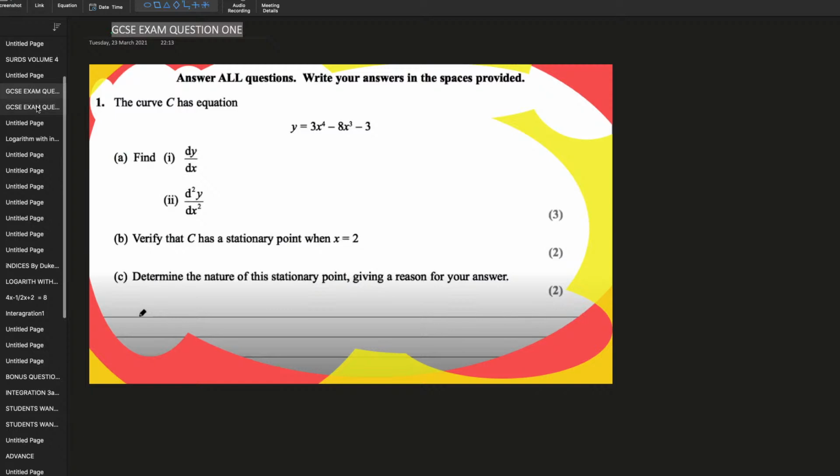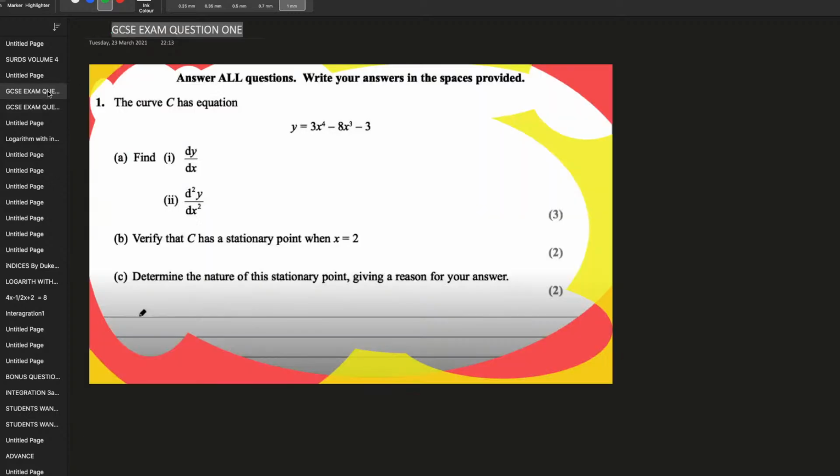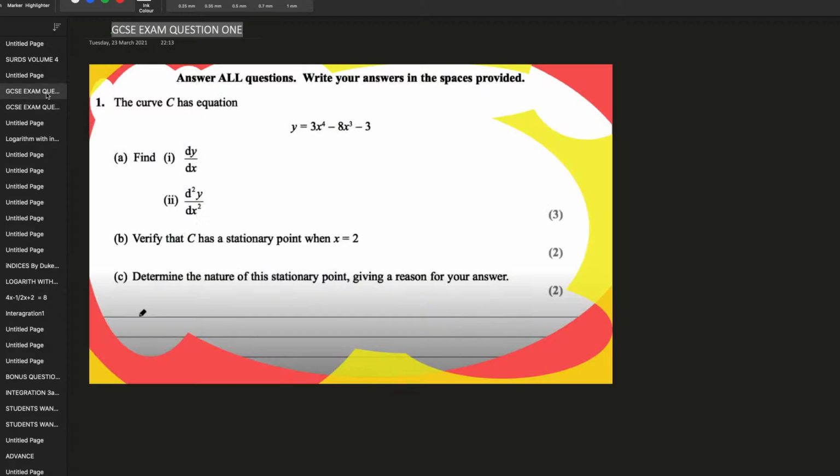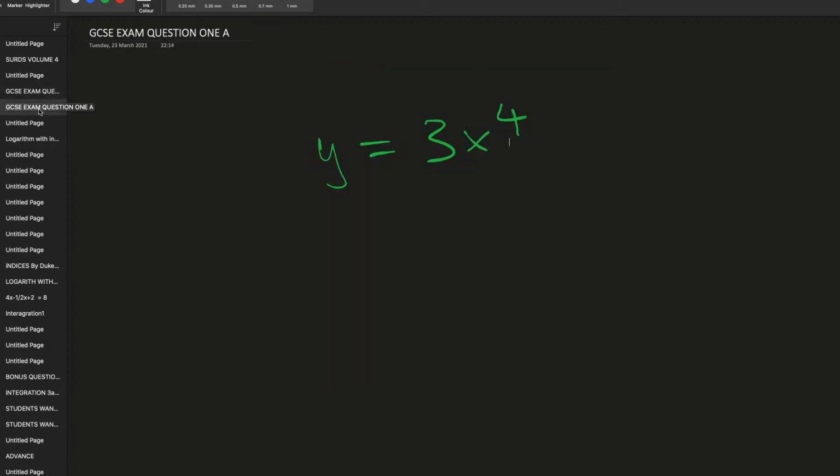So our equation is y equals 3x raised to the power 4, minus 8x cubed, minus 3.